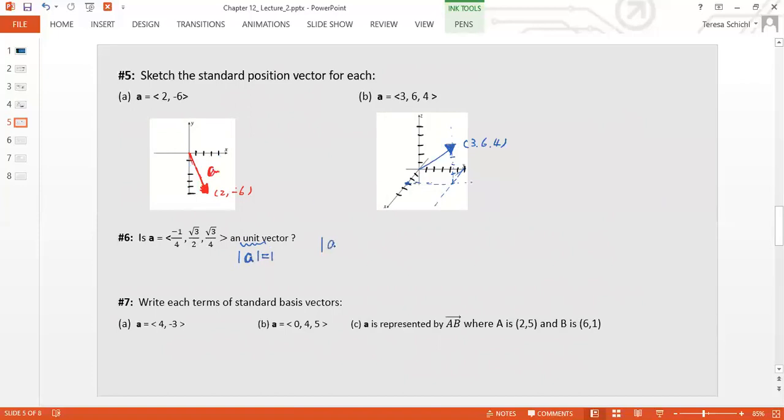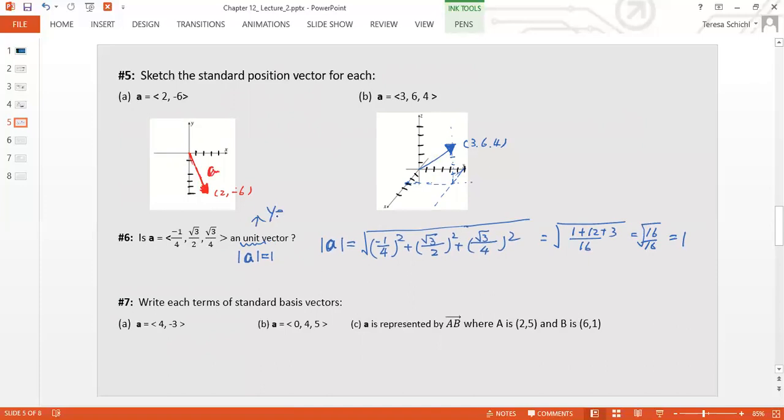So what is the length of A? It's like the Pythagorean theorem: (-1/4) squared plus (square root of 3 over 4) squared plus (square root of 3 over 4) squared. Simplifying, this is 1/16 plus 3/16 plus 12/16, which gives 16 over 16, so it's equal to 1. So yes, it is a unit vector.